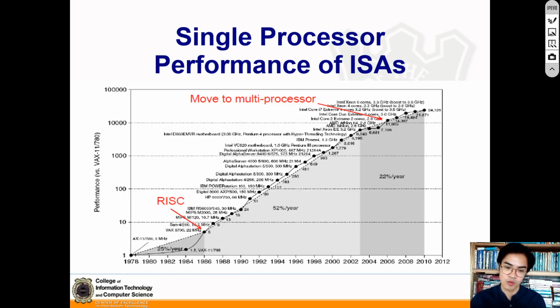RISCs or your reduced instruction set architecture started at about the 1980s. And then as per Moore's law, as you can see, every 2 years, there's significant improvement in the processor performance because of the feature sizes of transistors getting thinner and thinner. If that's the case, then you can fit as many transistors inside the chip.